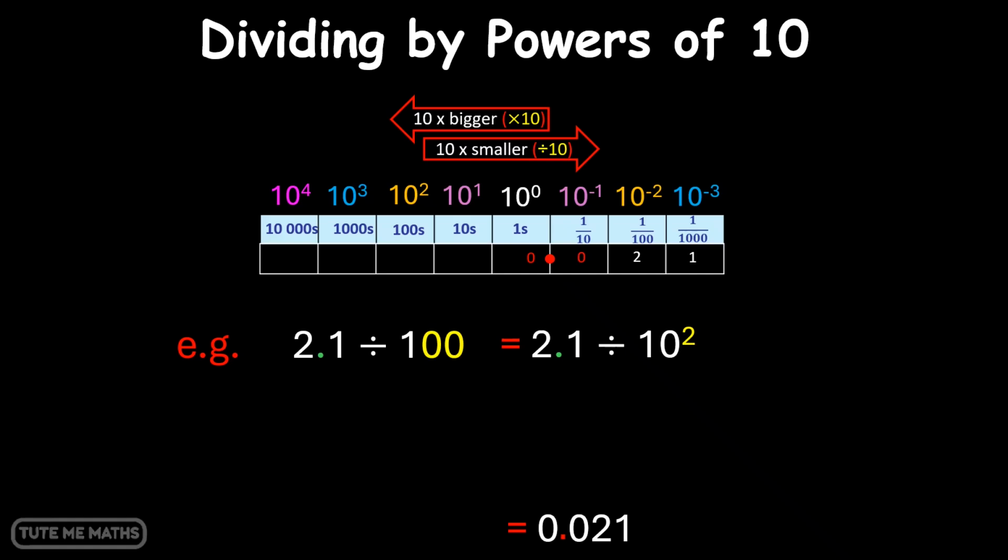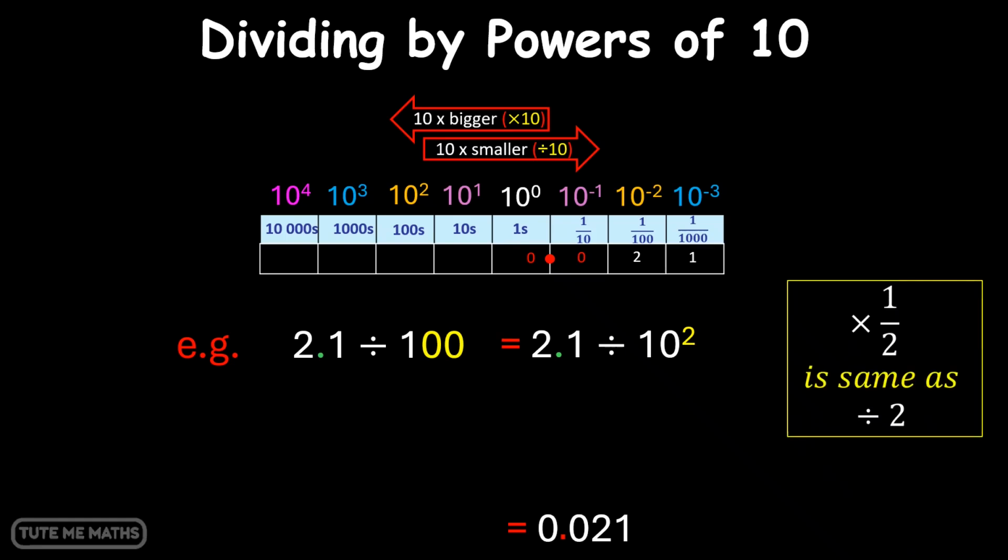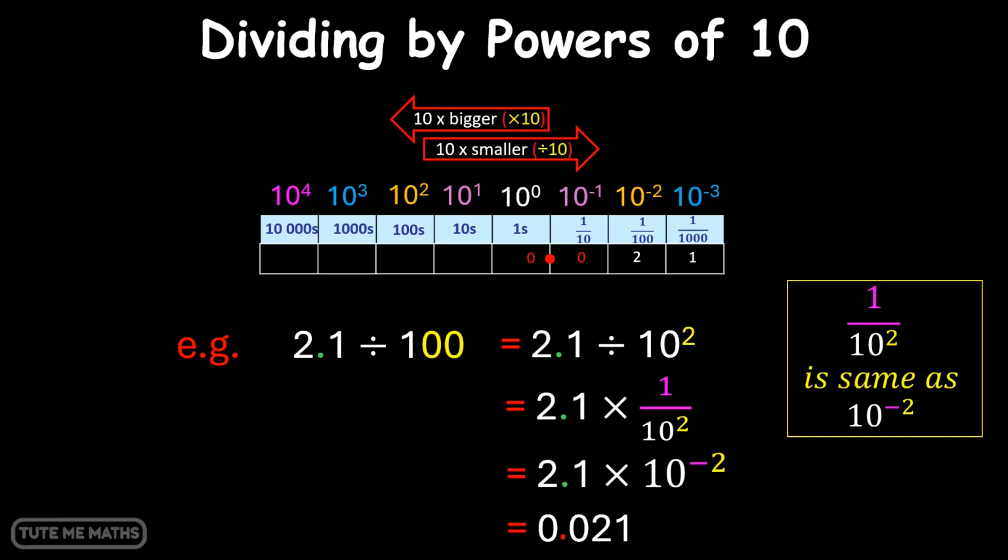Well, dividing by a number is identical to multiplying by its reciprocal. For example, multiplying by 1/2 is the same as dividing by 2. So dividing by 10 squared is the same as multiplying by 1/10 squared, like this. Finally, 1/10 squared is the same as 10 to the power of -2, as discussed earlier.